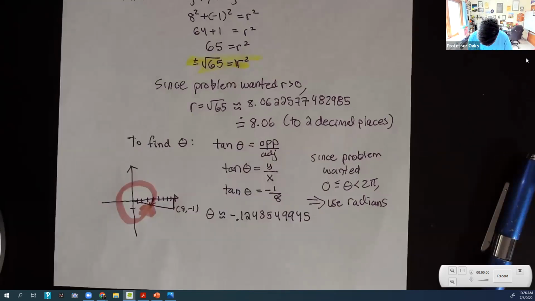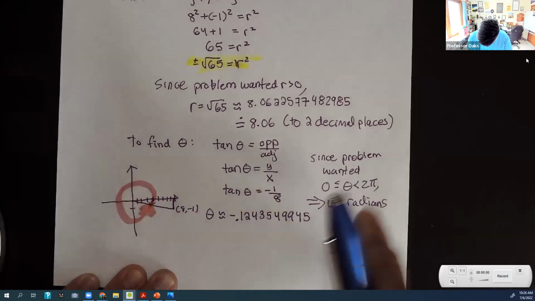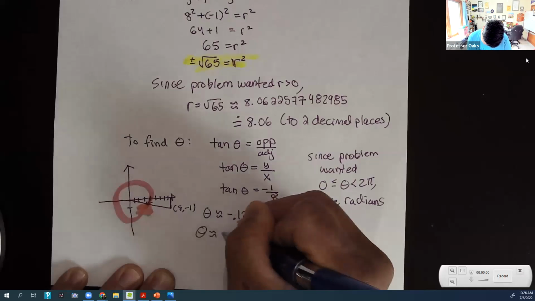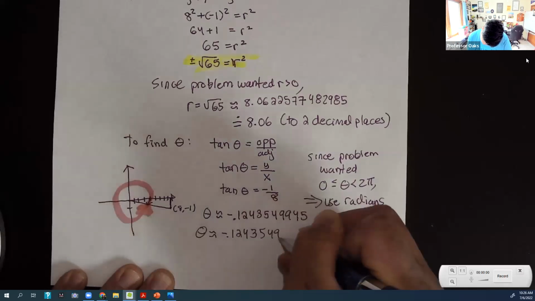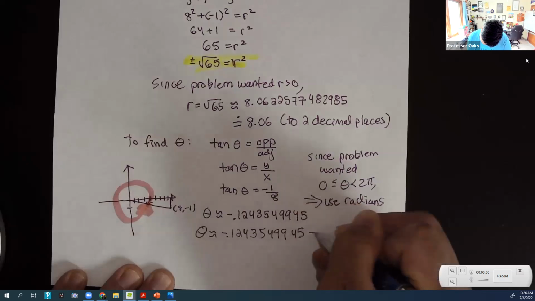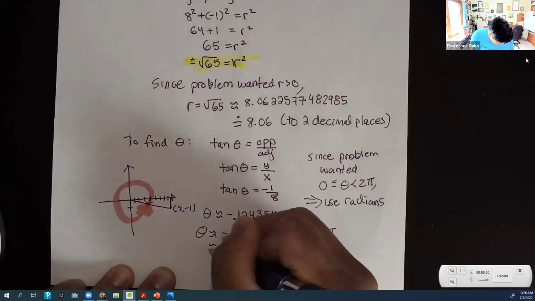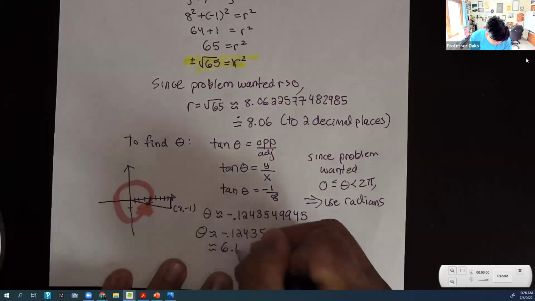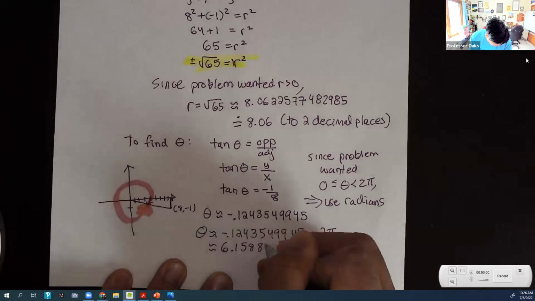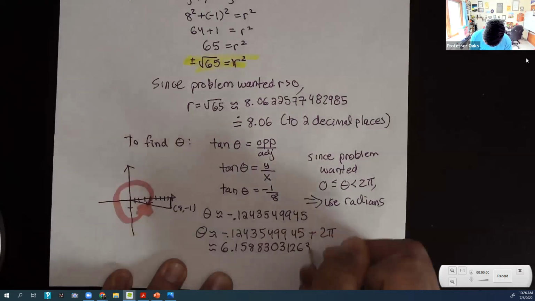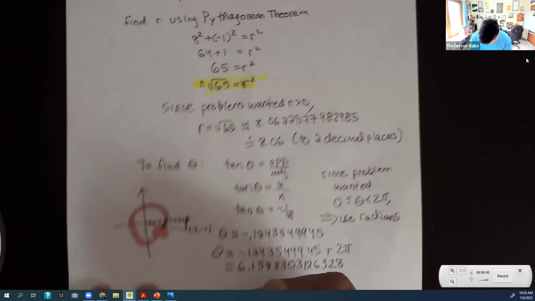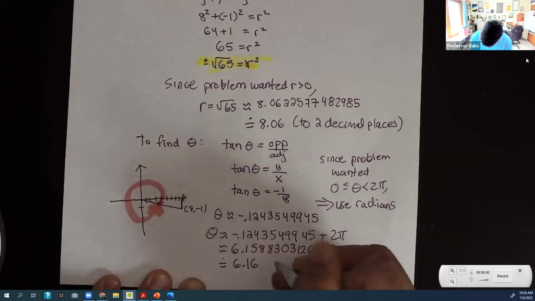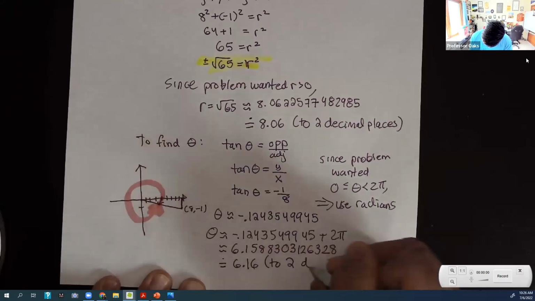So you can say that theta is approximately this plus 2 pi, which is 6.1588303126328, or to 2 decimal places, 6.16.